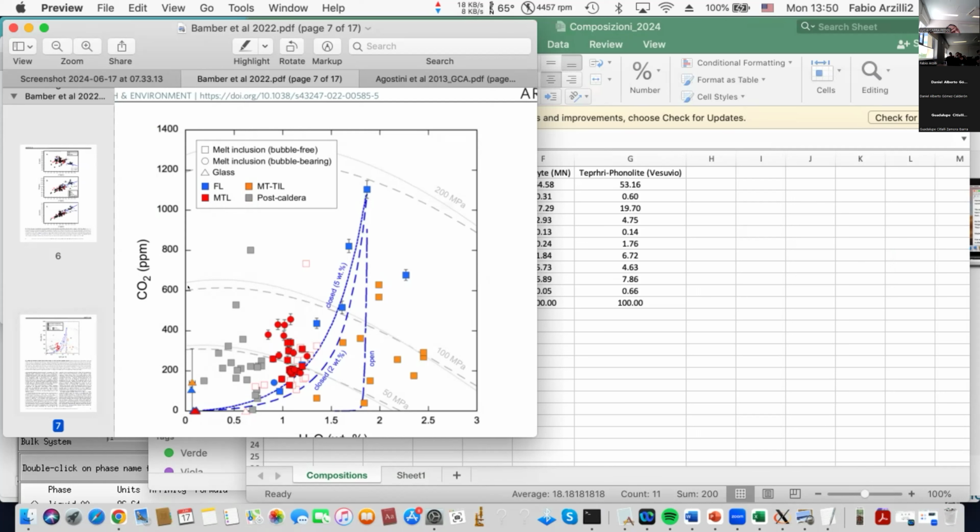This will give you information about whether mixing is possible, or whether you instead expect mingling rather than mixing, because chemical diffusion will be inhibited, since crystallization will dominate the system. So you have to put everything together. This can be just a starting point to constrain. Very powerful.